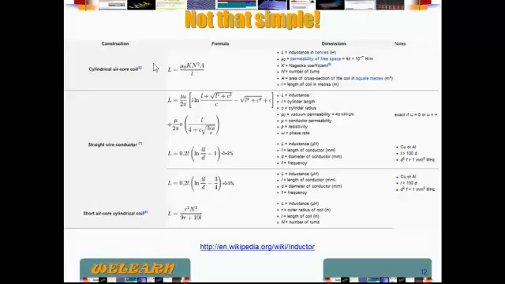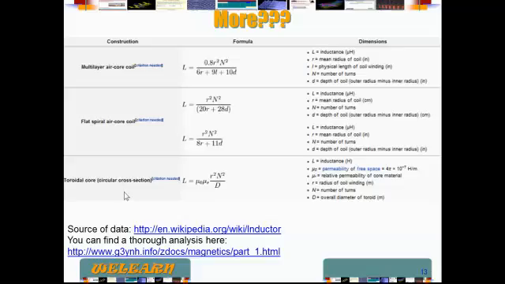So we have cylindrical air core coil, straight wire conductor. We can speak of an inductance due to a straight wire, etc.